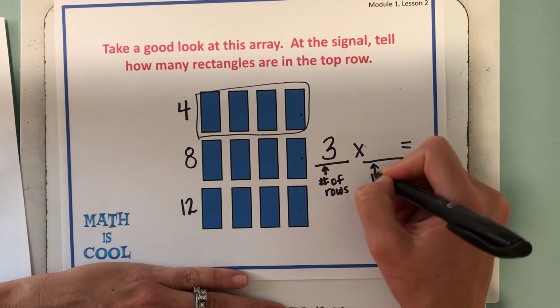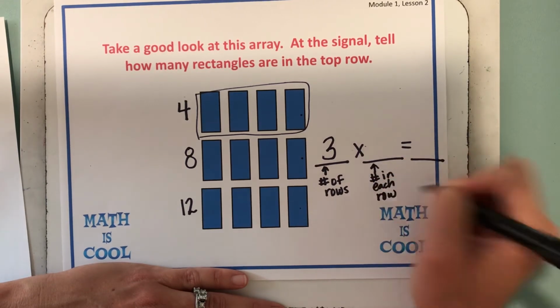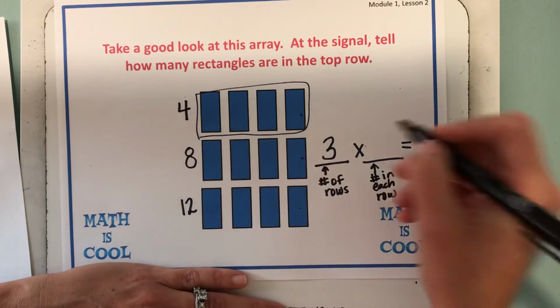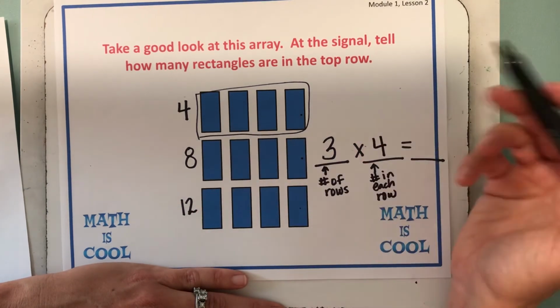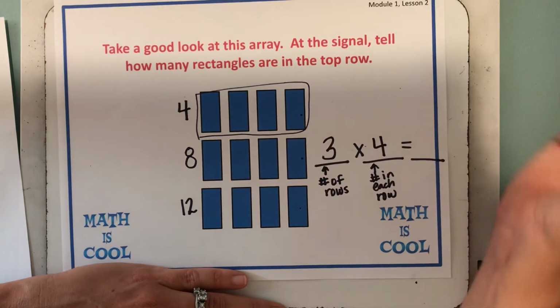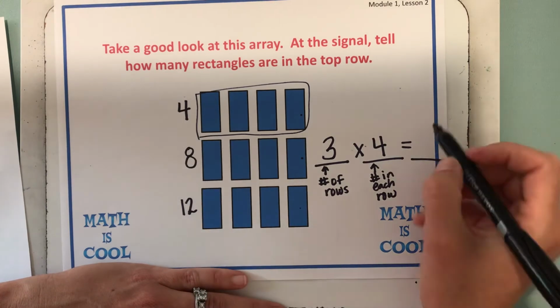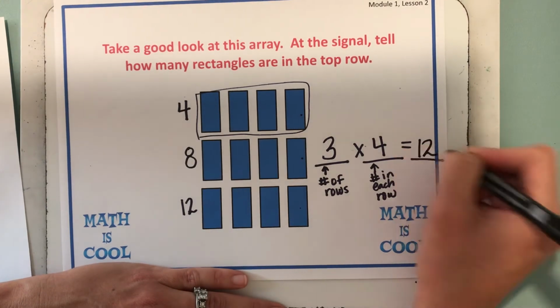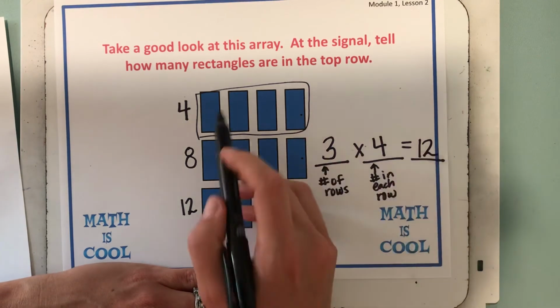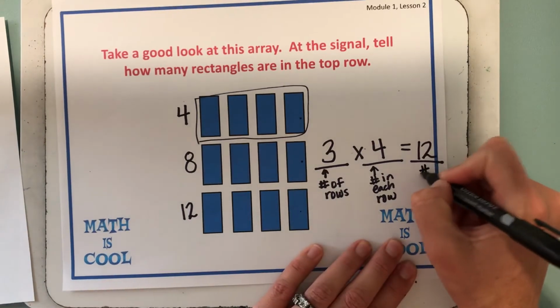That's going to go next. Number in each row. And there are 4. And we can skip count by 4s to figure out our answer. 4, 8, 12. Or to double check, just to make sure we got it right, we can count up each of the rectangles. So that is called our total.